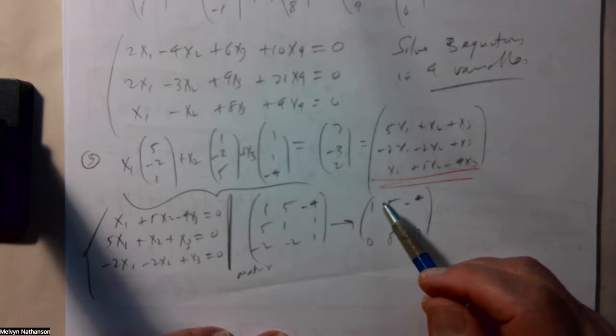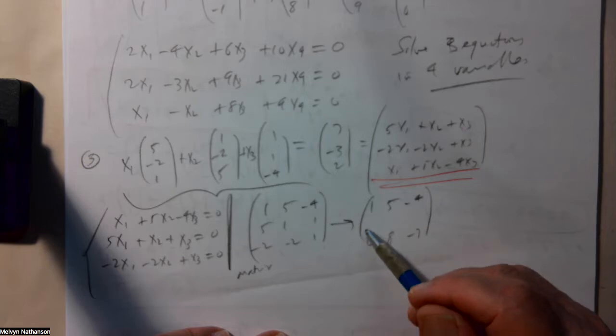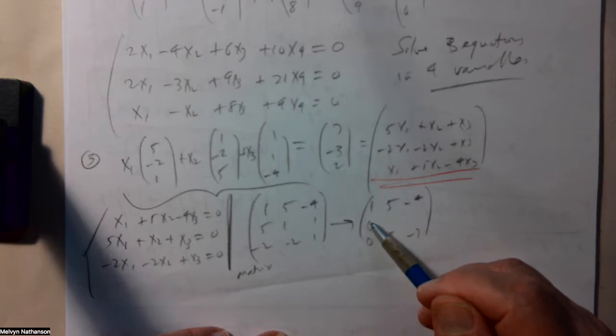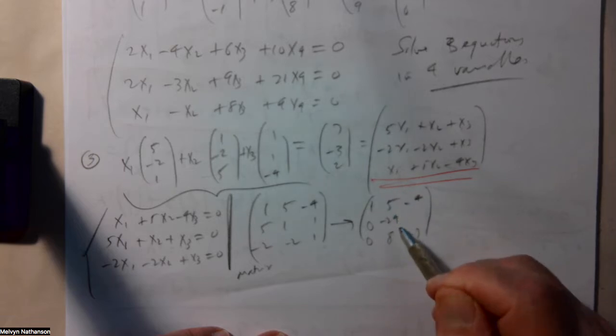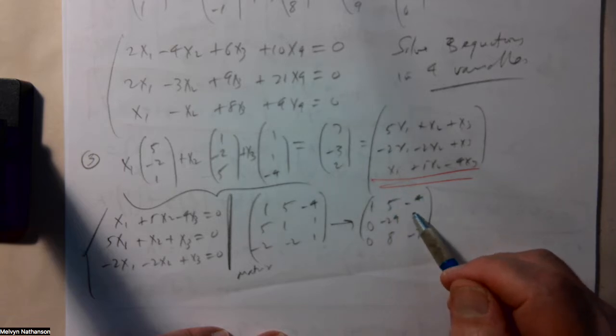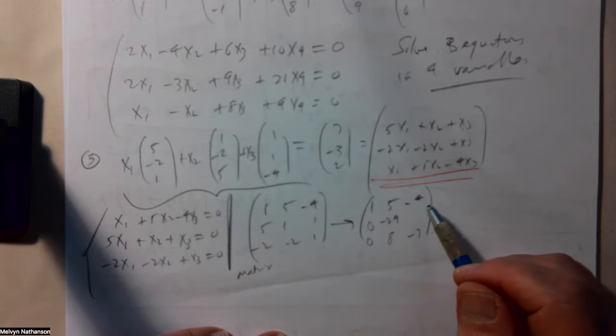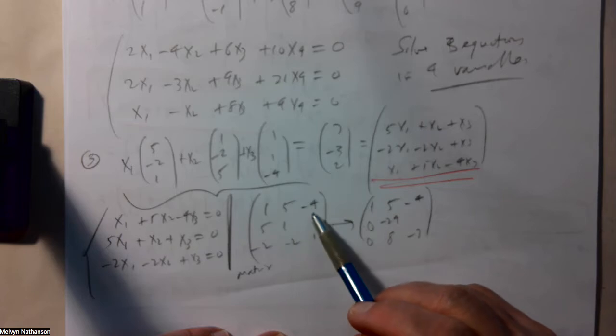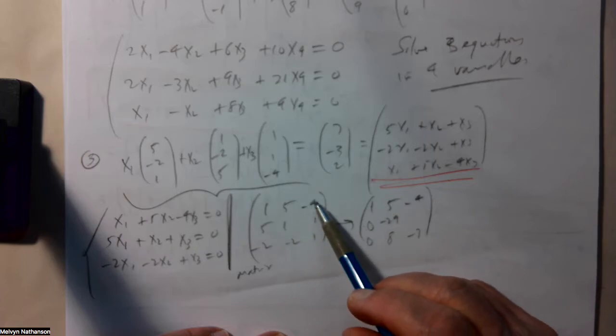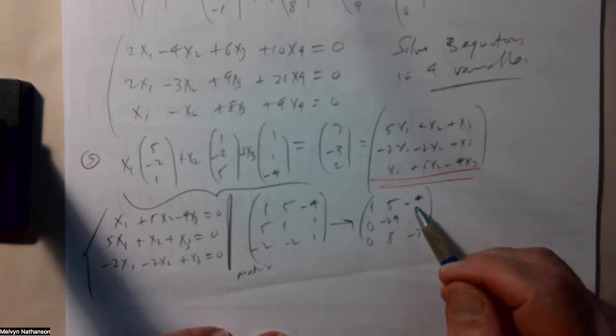If I subtract 5 times the first row from the second, I get 5 minus 5 is 0. 1 minus 25 is minus 24. And 1 minus 4 times minus 5 is 20. 1 plus 20 is 21.